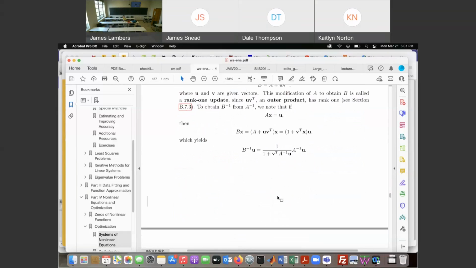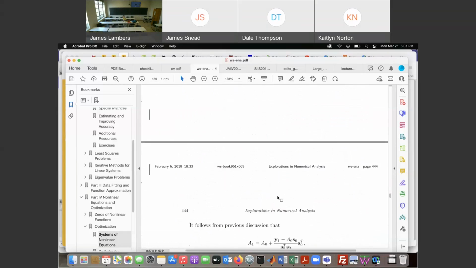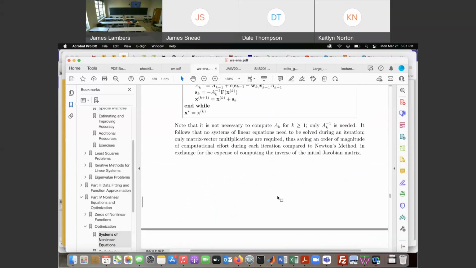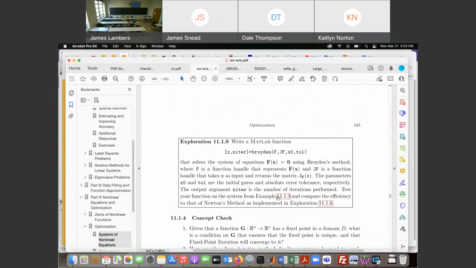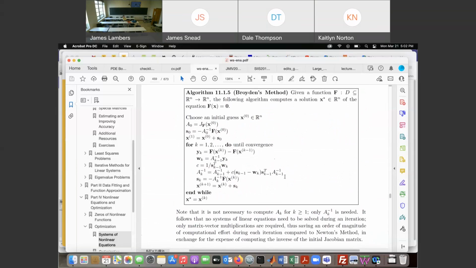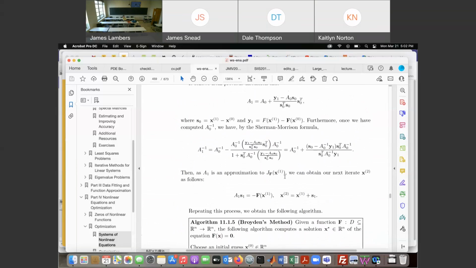I don't recall if I commented on the convergence of Broyden's. Not likely to be quadratic. Oh, you know what? I don't talk about it here.